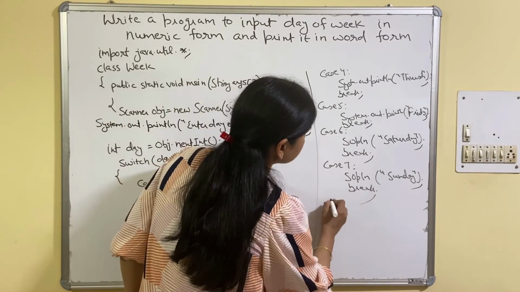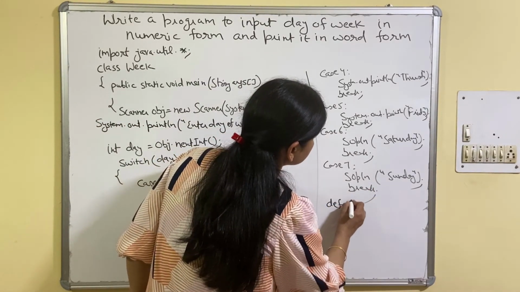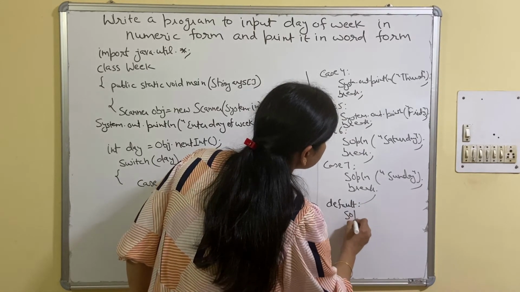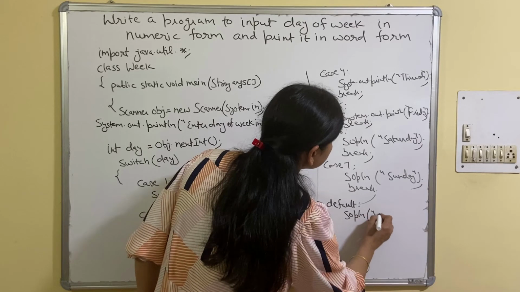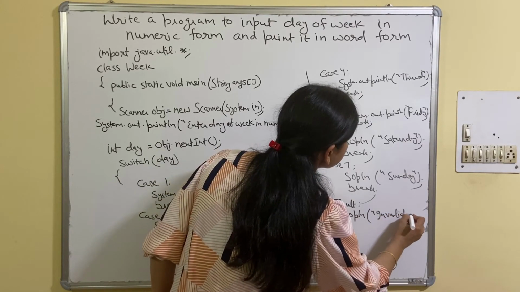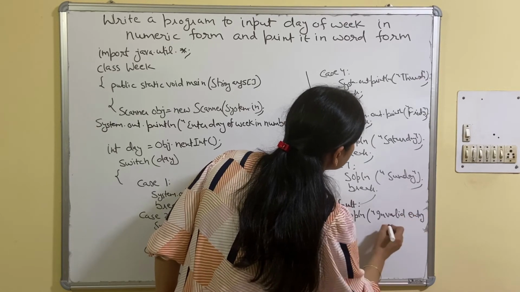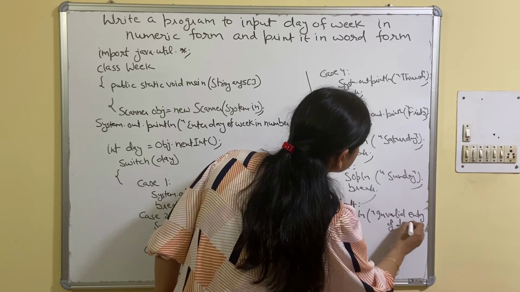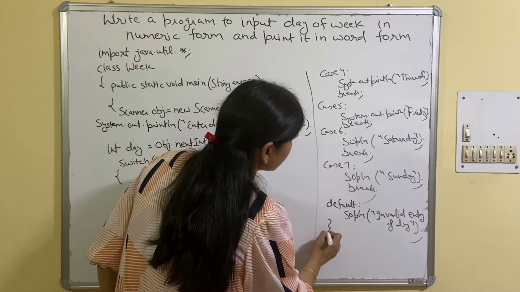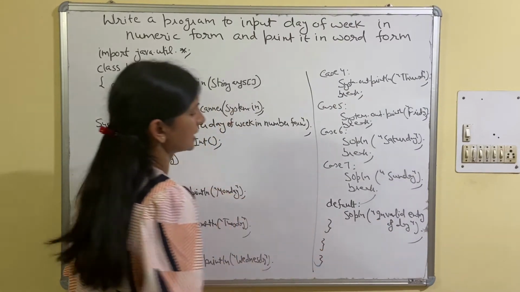Then default. In default, you will write invalid entry of day. Fine. Then switch close, then main function close, then class close.